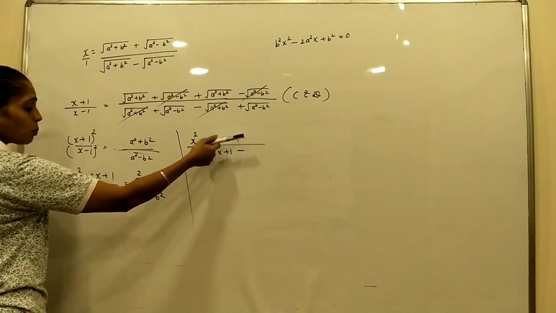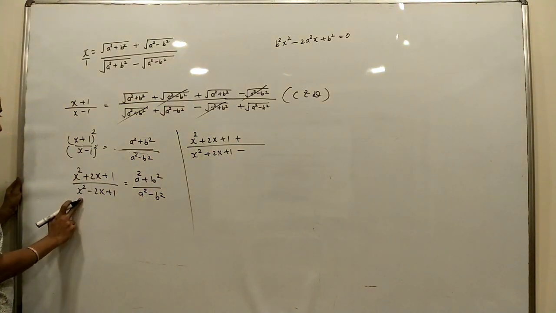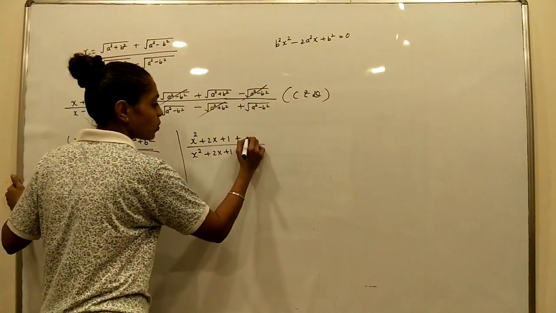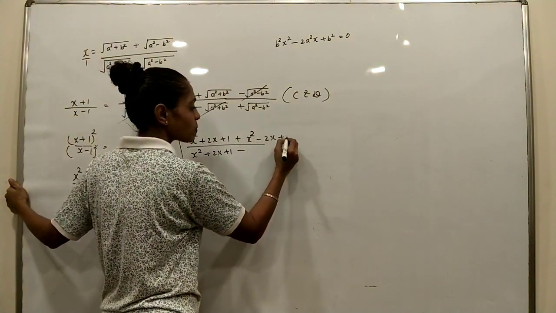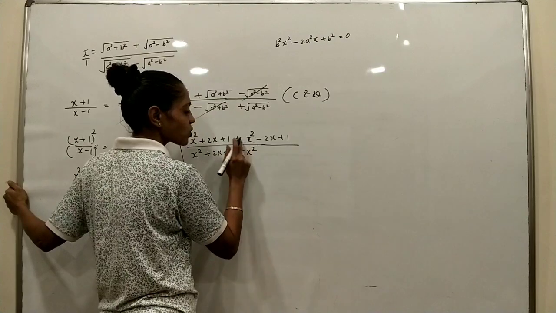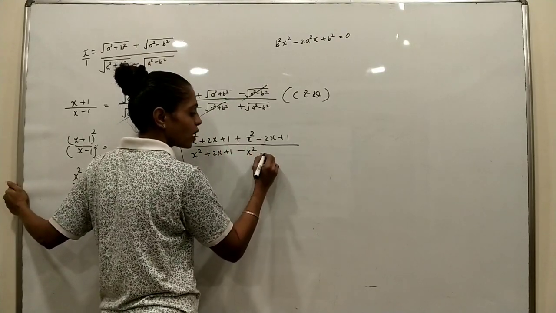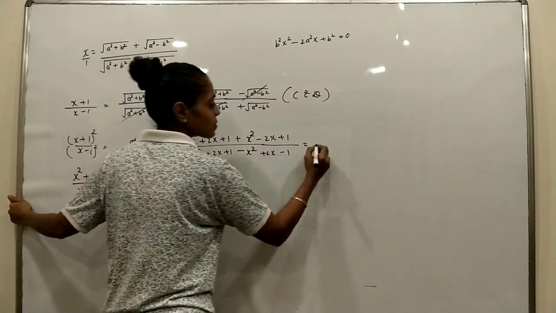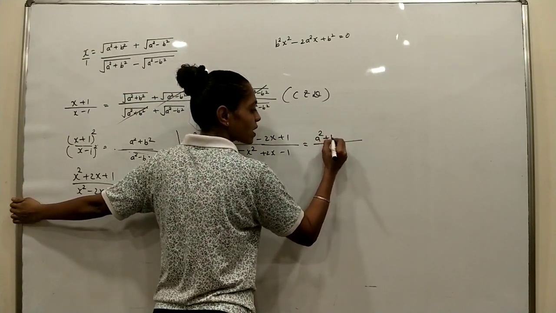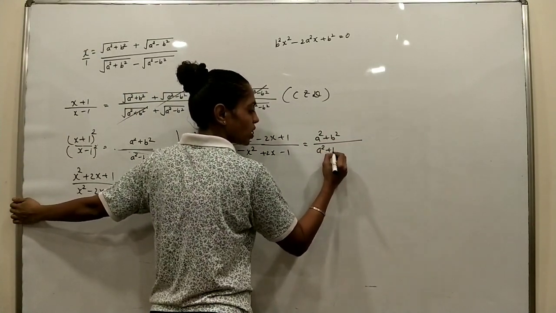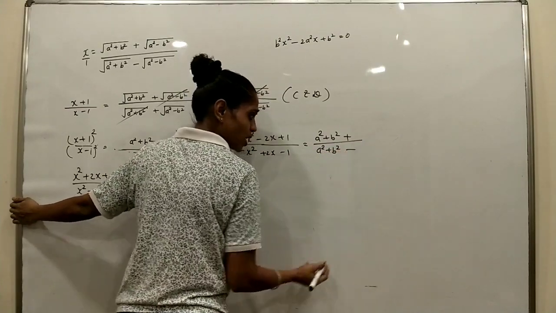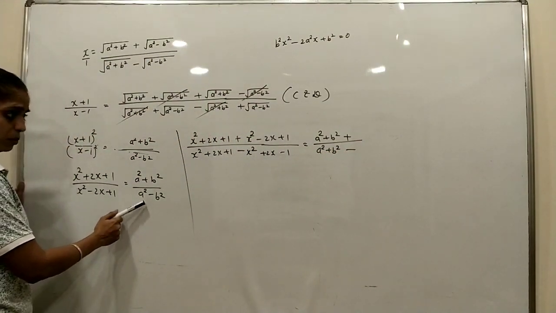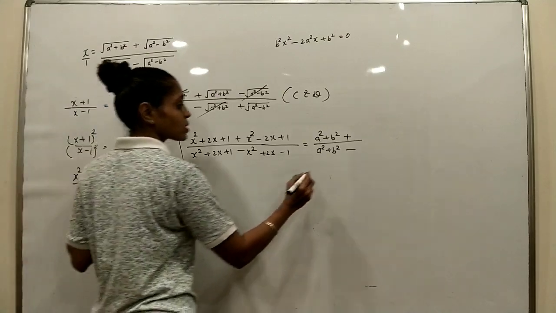Plus denominator, that is x square minus 2x plus 1, minus x square, change sign, minus x square plus 2x minus 1, equal to a square plus b square, the numerator, plus denominator minus denominator plus denominator is a square minus b square.